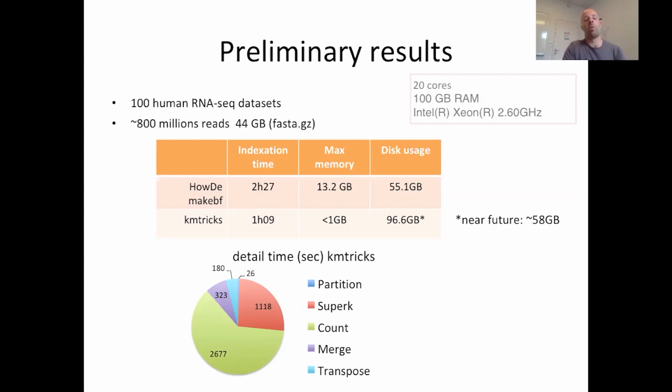And this is where we should focus, all of us in the future, if we want to scale to huge datasets. So the merging time where you put all the Bloom filters together is quite fast, and the transposition of the final matrix with the SSE instructions is also very fast, so less than 3 minutes here.